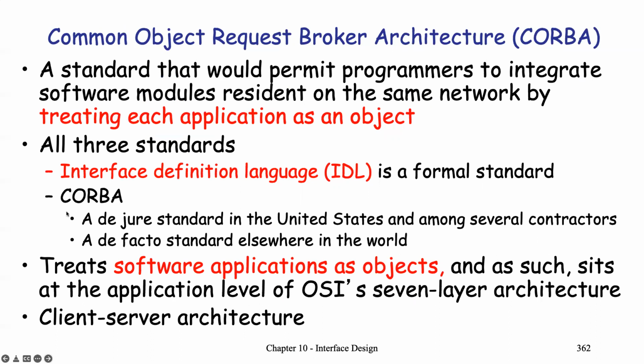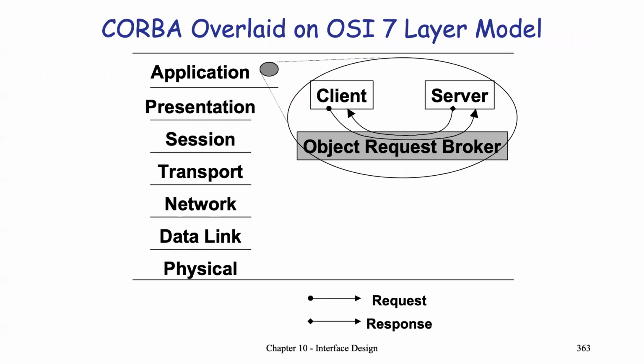CORBA treats a software application as an object, and as such sits at the application level of the OSI 7-layer architecture, and it forms a client-server architecture. So this is what we were referring to on the last chart, that we have this object request broker scenario, and it's actually occurring at the application level.